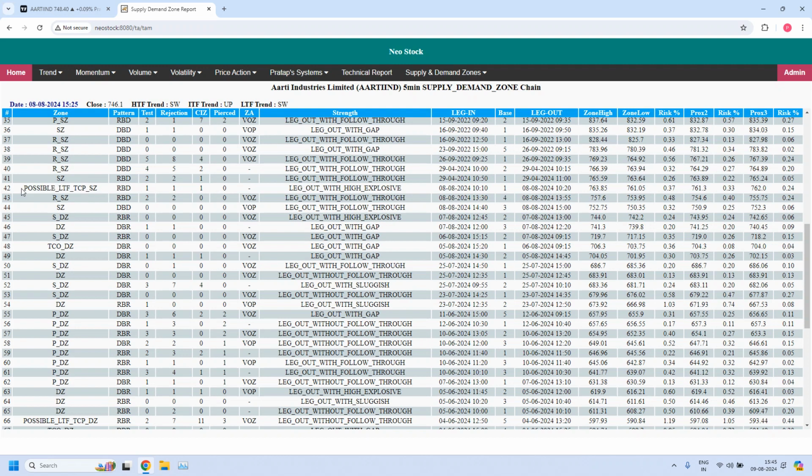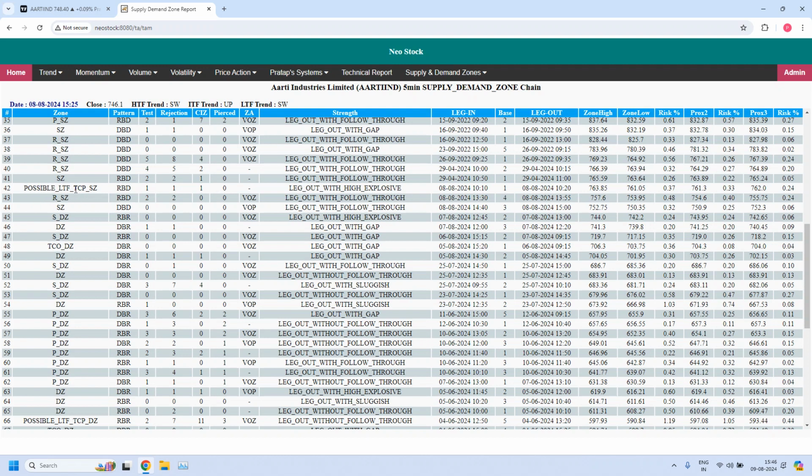This is almost equivalent to the high priority high liquidity zones. The only reason why we kept it under low priority high liquidity zone is because of this word possible.